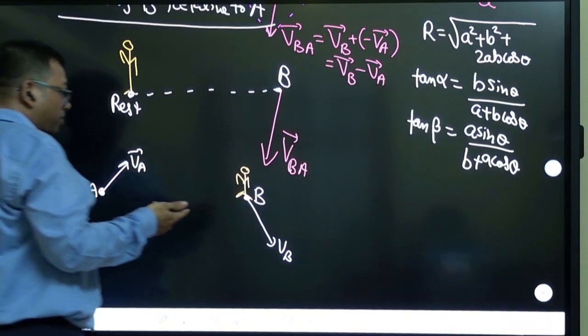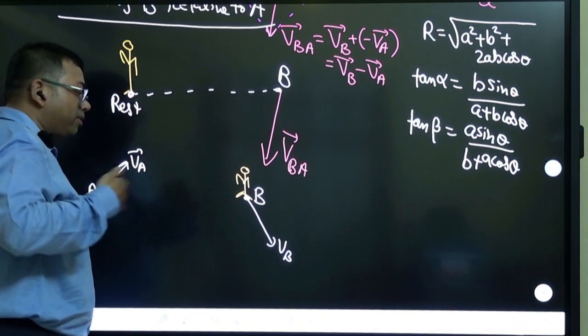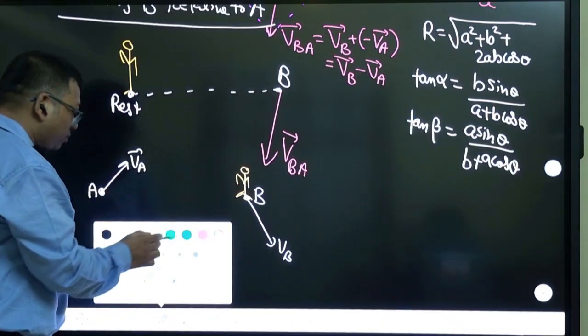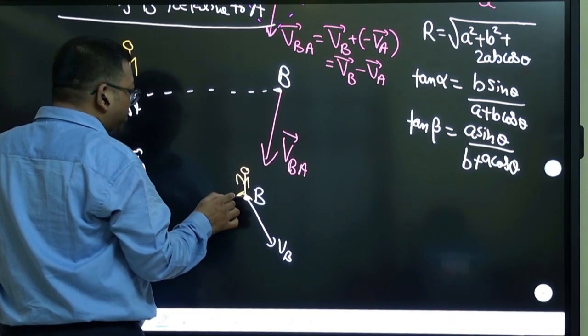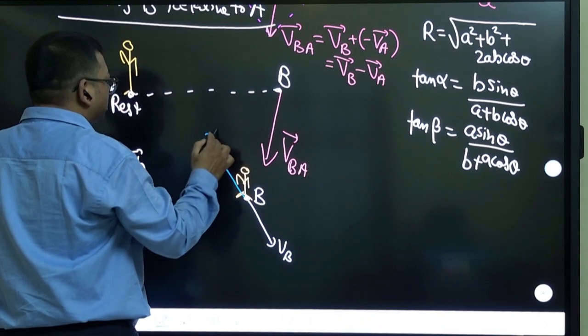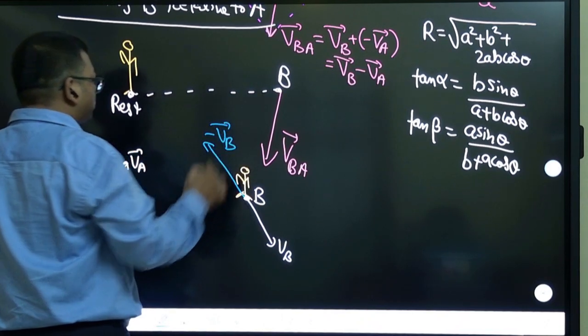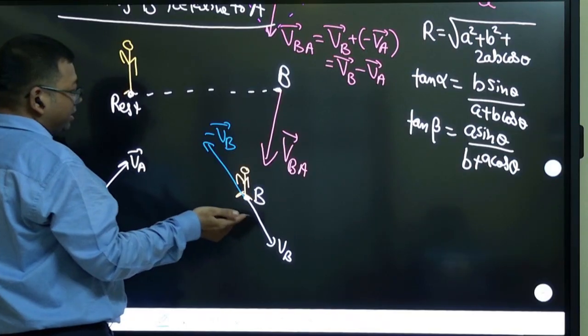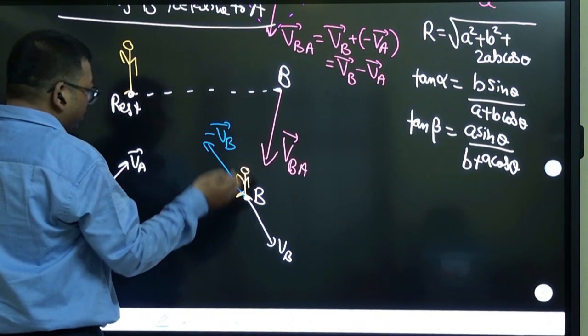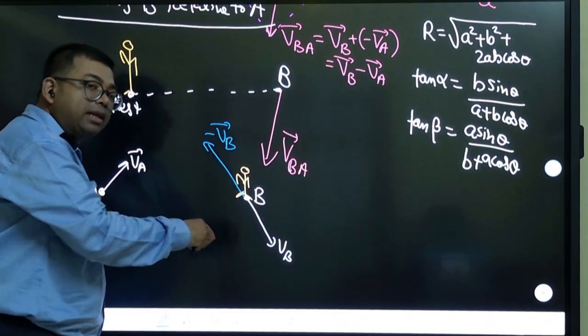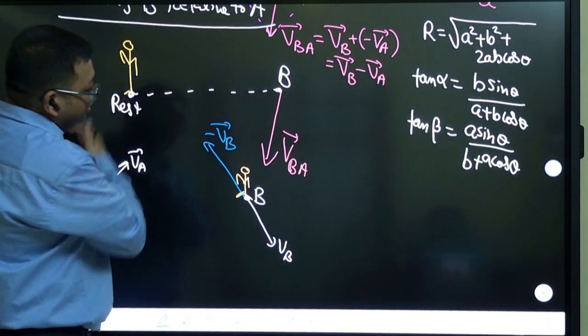So what will this observer see? He will not see himself moving. So what he will do? He will add the negative of VB to himself first, so that he will become at rest. And not only will he add the negative to himself, he will add his negative to everything else.